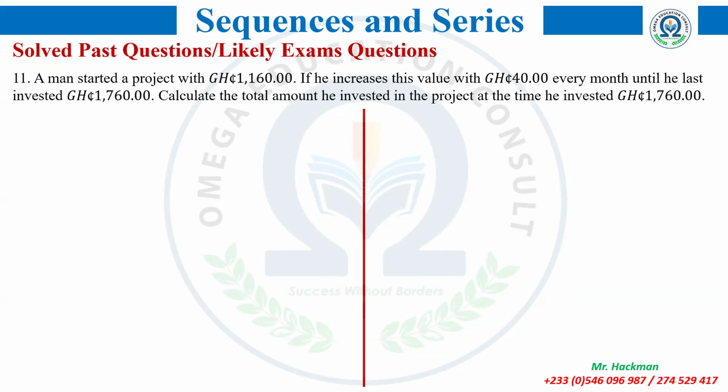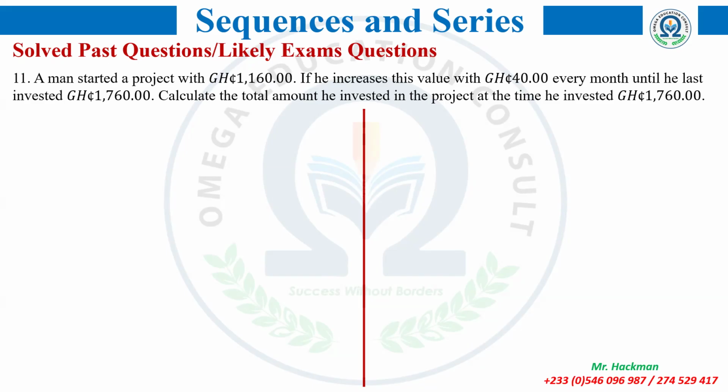A man started a project. Please listen carefully, this is the first time you are solving questions of this nature. A man started a project with 1,160 Ghana cedis. He increases this value by 40 Ghana cedis every month until he last invested 1,760 Ghana cedis.